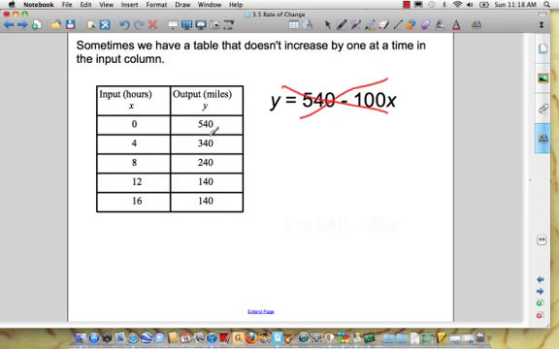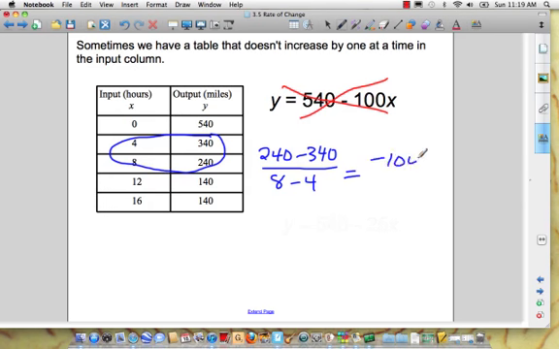We need to think about it this way. Let's look at these two rows on the chart. What happened to the miles? They went from 340 to 240. So 240 minus 340, that was the change in the miles. But that took from 4 hours to 8 hours, so 8 minus 4. The distance went down 100 miles, but it did that over the course of 8 minus 4, or 4 hours.